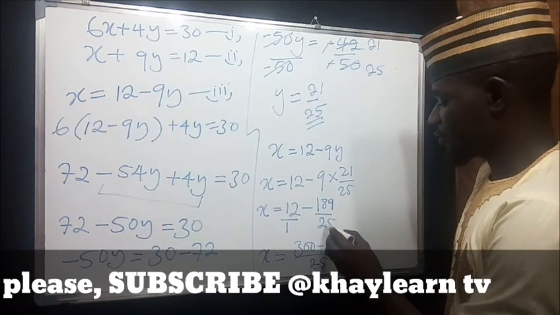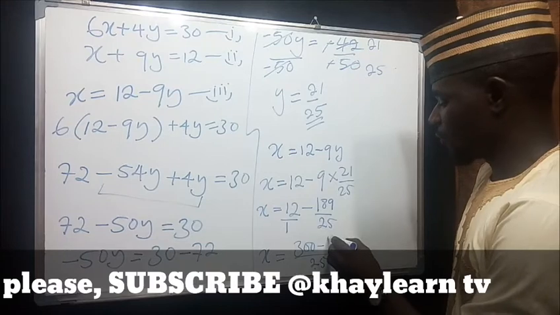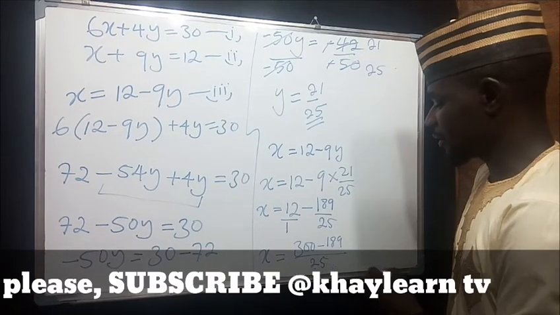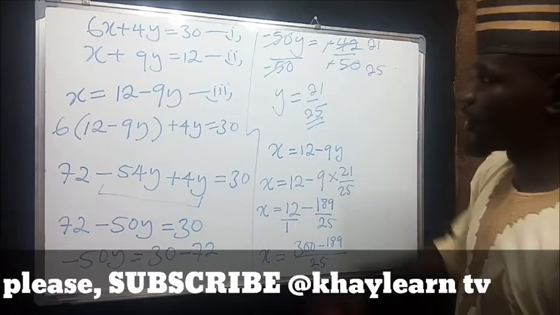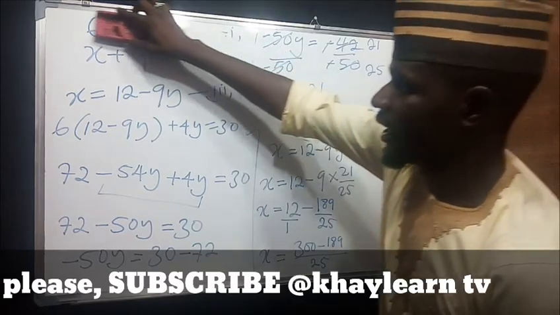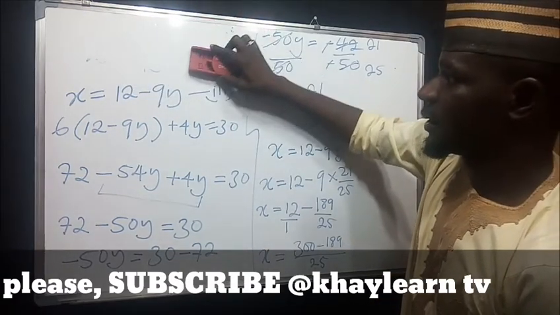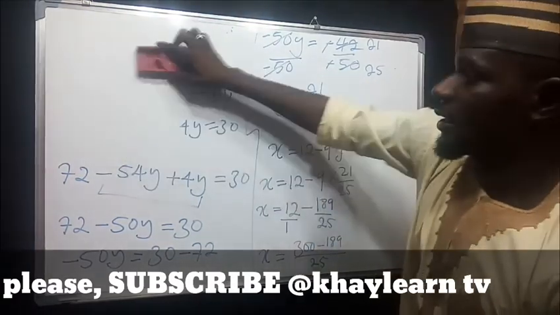Then minus 189, so our x is going to have a value like this.